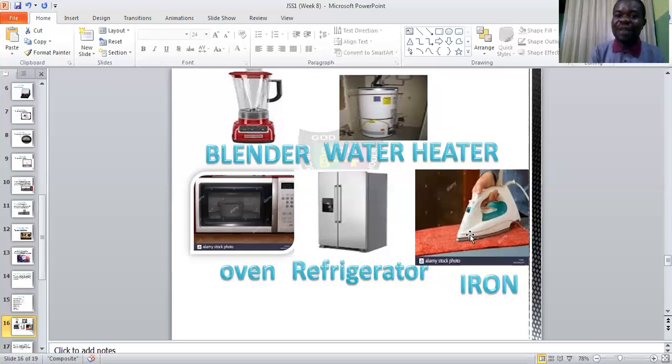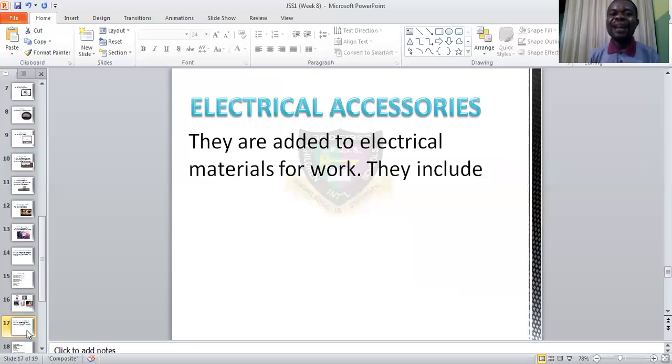The capacitors are seen inside all these appliances we're talking about. When you then measure them with these measuring instruments we have also talked about, they have a relationship. That is what the accessories are: materials that are just added to the electrical materials to make things complete or for work.